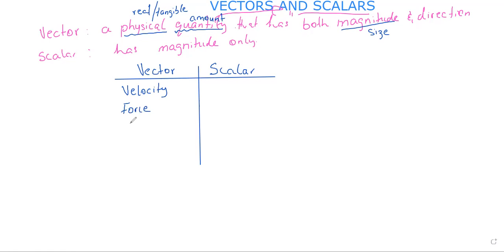We have the weight. We have acceleration. We have here speed. We have distance. We have here volume. We have here displacement.